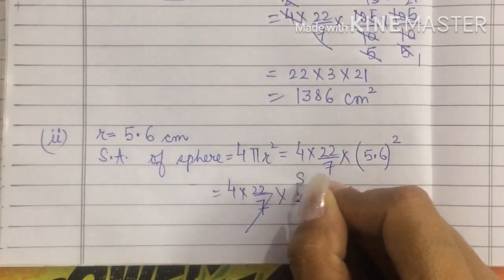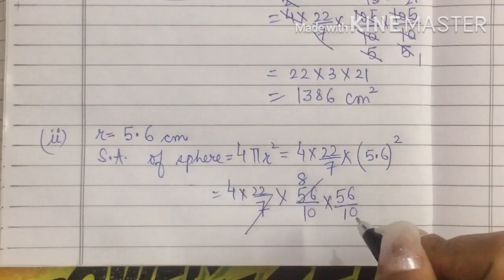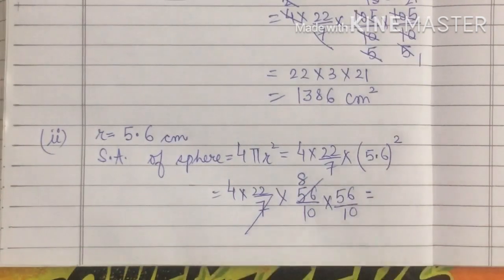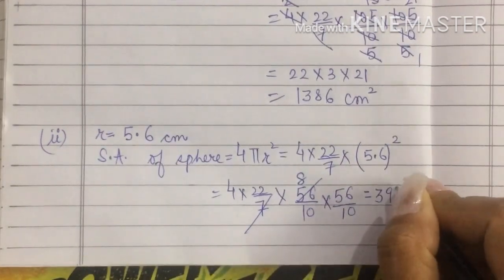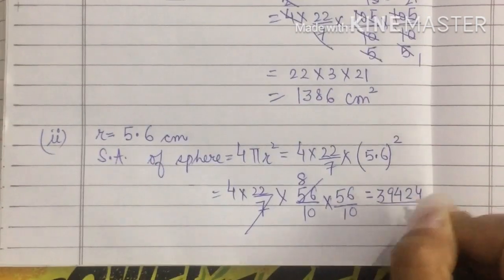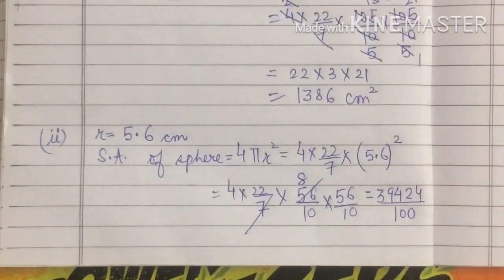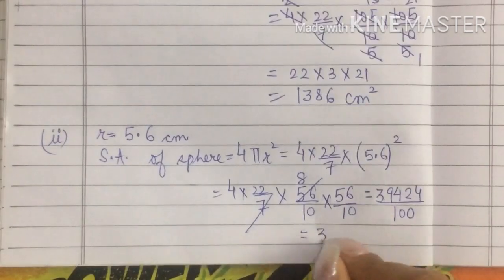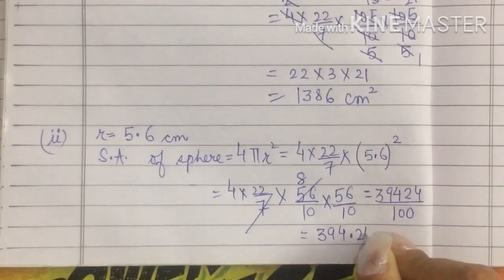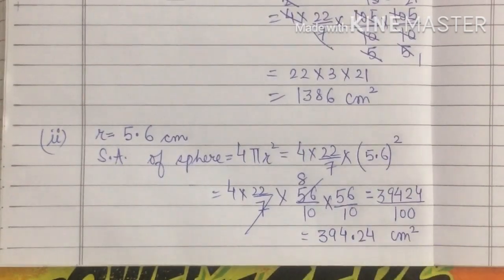So these get cancelled, and I'm not cancelling 10 this time because it will not be completely cancelled. I would have to divide later on. So I'm just going to multiply the numerators, and multiplication of numerators gives me 39,424 by 100. Now I will write it as a decimal. This will be 394.24 centimeter square.